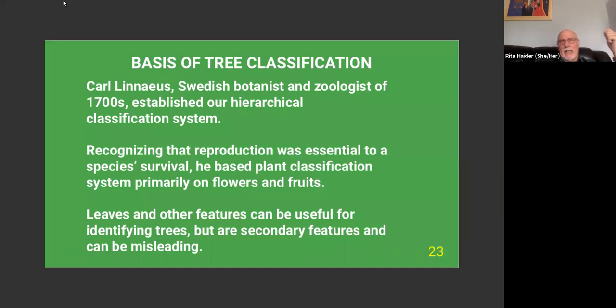We find out that his intuition was correct, because there have been some changes, but in general, when we look at his classification scheme, the trees and other plants that are closest together based on flowers and fruits are also the ones that are most similar in terms of DNA. Leaf shapes can be handy, but they're not the primary way in which we classify things.